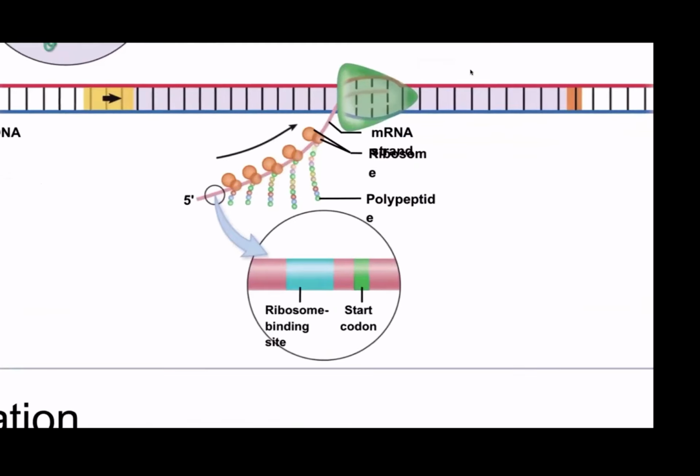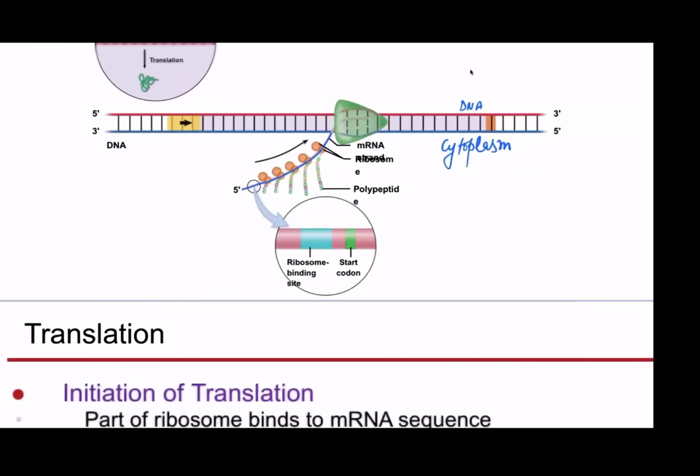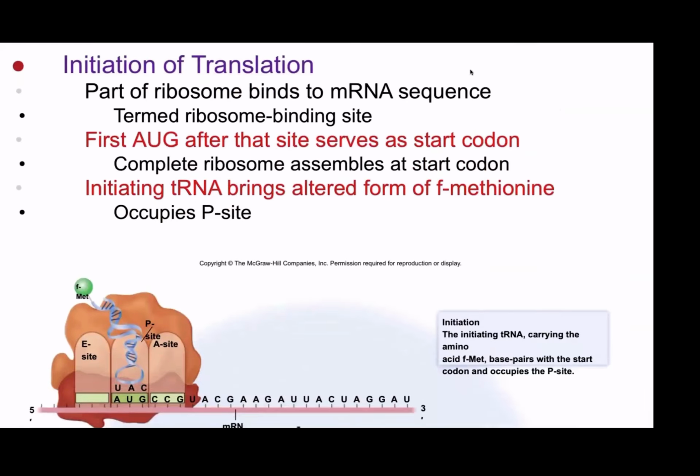This is the DNA of the prokaryotes and RNA being synthesized. But they started to make the protein right away, because everything is in the cytoplasm, hanging like this mRNA. So we call it a simultaneous process of transcription and translation in prokaryotes.